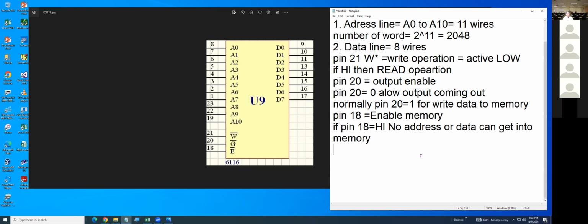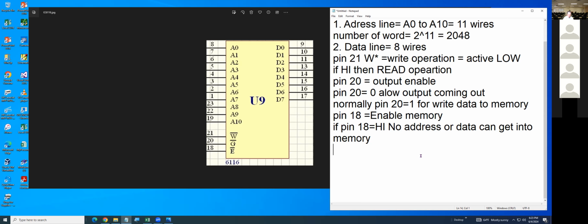You see how many words, for address how many lines, for the data which line for write data to the memory, which line for reading data from the memory.